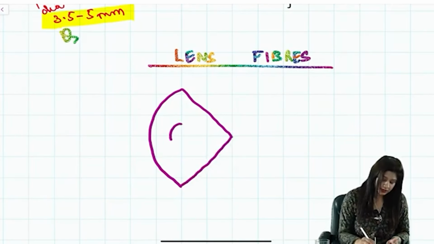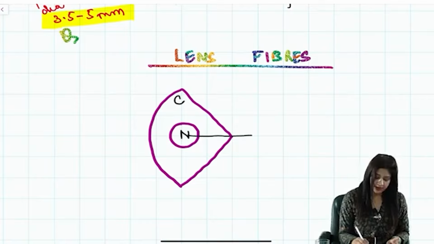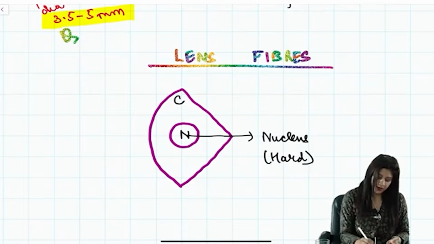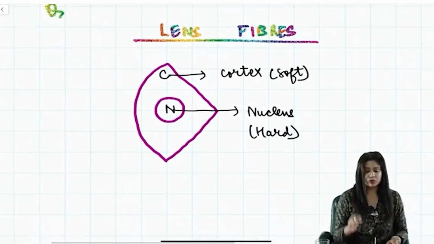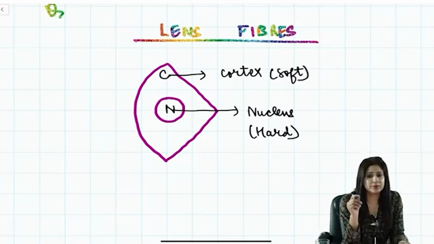And this is the central portion N, and this is the C. N is the nucleus, which is the hard part of the lens, and C for cortex. Cortex is the soft part of the lens. So when I'm talking about the lens, I have two types of fibers, soft fibers and hard fibers. Hard fibers are the nucleus, soft fibers are the cortex.